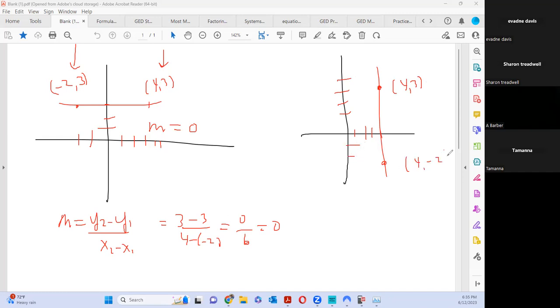It doesn't matter. But if you plug it in, you're going to have 3 minus minus 2 over 4 minus 4. 5 over 0. What did I say makes something undefined? The denominator can't be 0. So this is a linear equation where the slope of this line is undefined.